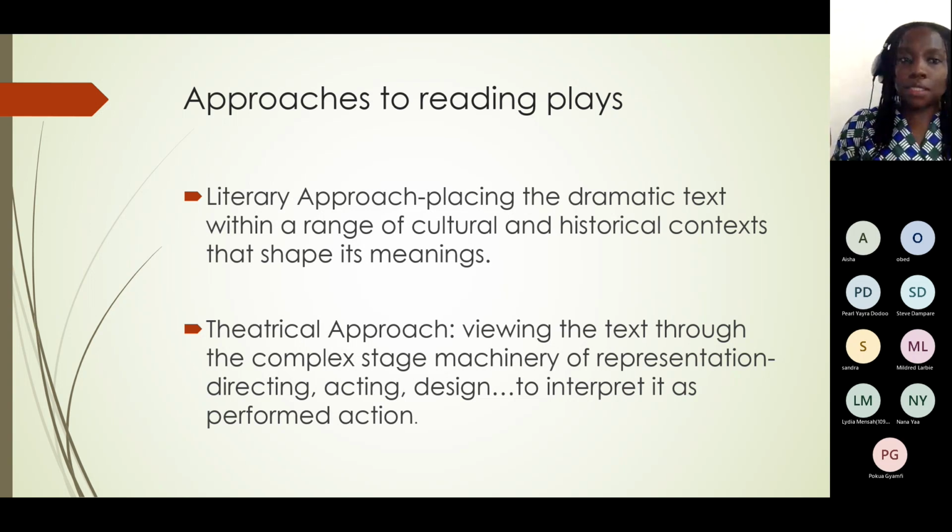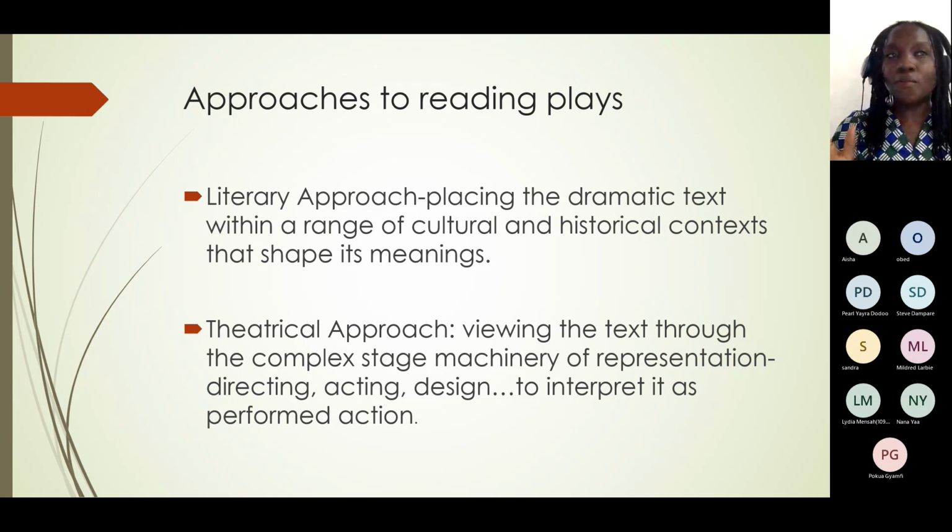The whole point is if you are reading a play to criticize it or to write about it or present your point of view as a critic, it means that you are approaching it from a literary perspective. So you are looking at the play text in relation to a certain cultural and historical context in order to understand it or ascribe a meaning to it.